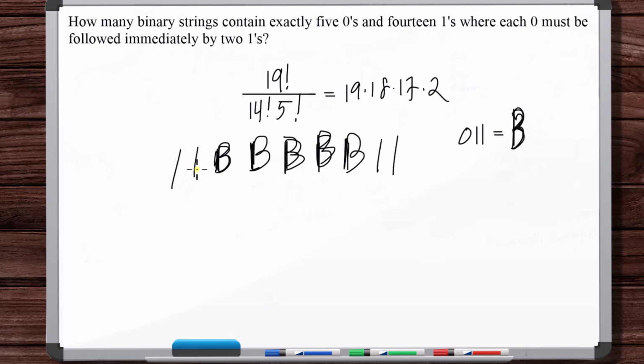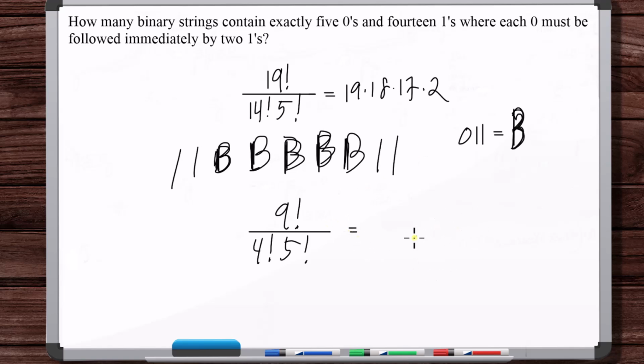So that's 1, 2, 3, 4, 5, 6, 7, 8, 9. 9 factorial over 4 factorial times 5 factorial. I feel like that's right, because there's no other arrangement that could happen with this restriction that every 0 is followed by 2 ones. So yeah, that's it.